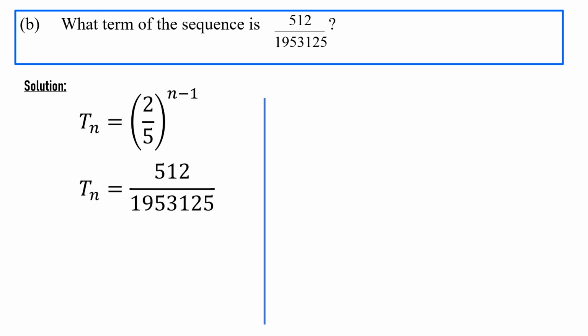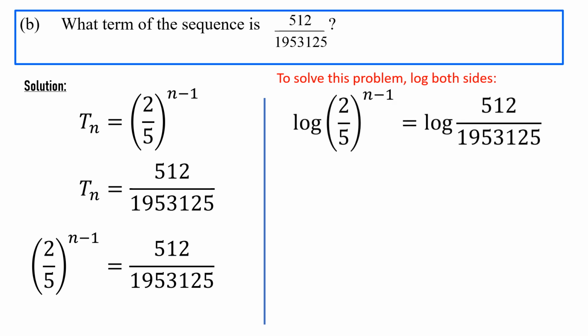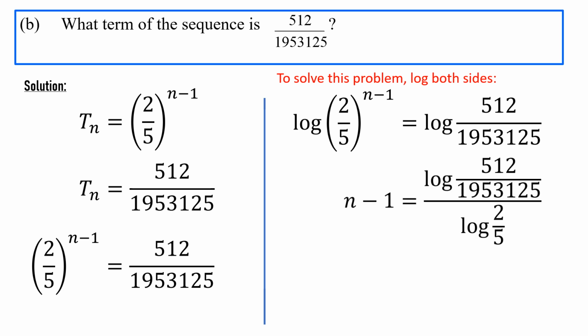So in the question, we know that Tn equal to 512/1953125. By comparison, this is what we have. So to solve this problem, log both sides to get the value of n. And finally, we get n equal to 10.